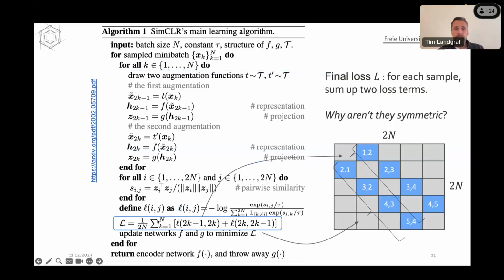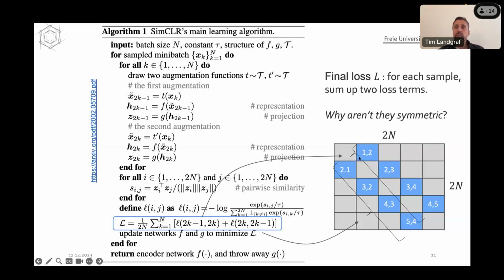And then we compute the loss, which basically is summing up the corresponding individual loss terms. So L 2k minus 1 and 2k is basically the similarity of the first sample with the second.